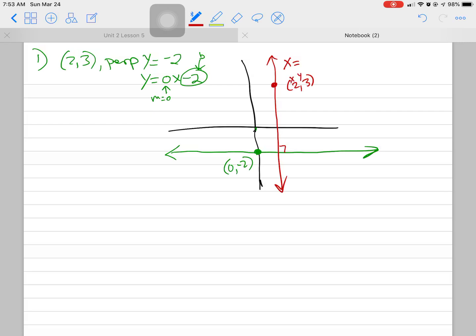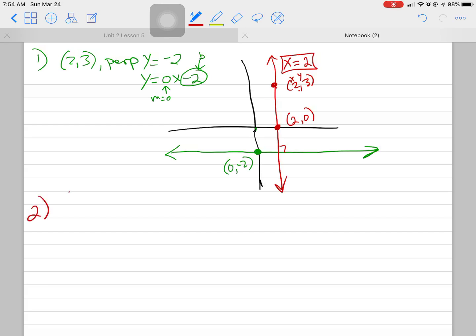If this is x and this is y, then x equals 2 is the line that goes through here. And if it's on the test, you need 2 points. So if this is 2, 3, what's this one here? It's got to go through at the 2, so 2, 0. There's 2 points on a line that is perpendicular to the other line that they have, okay?